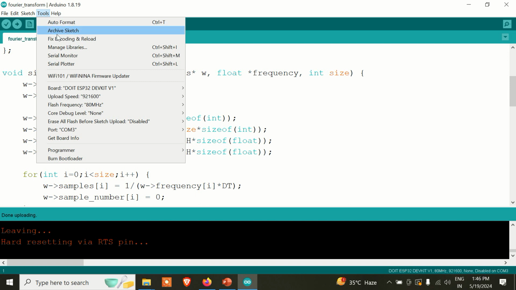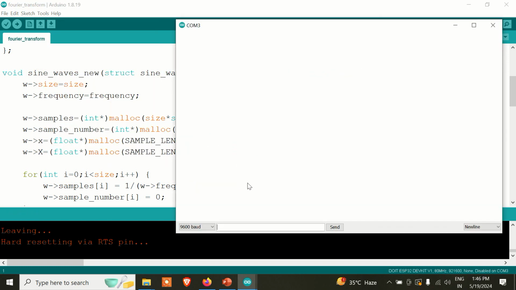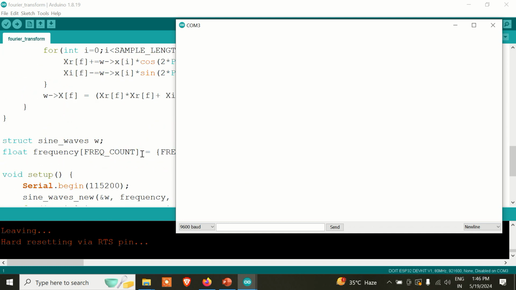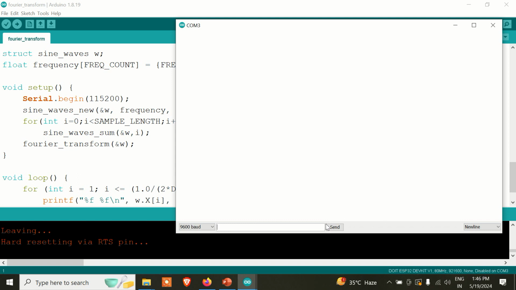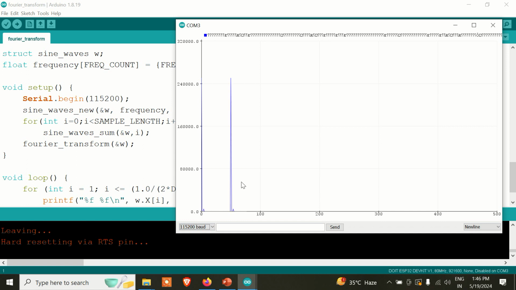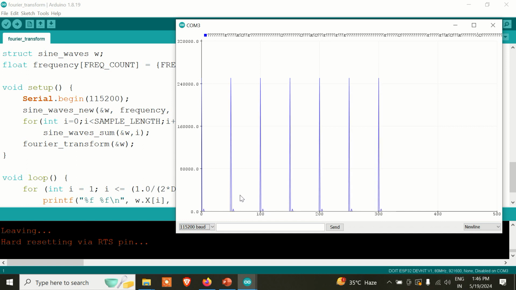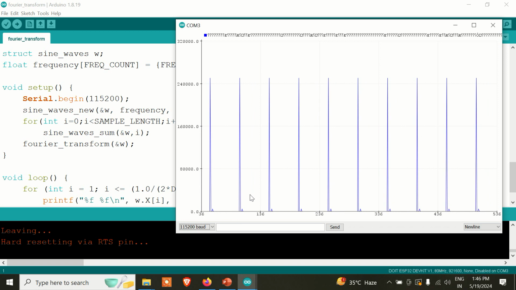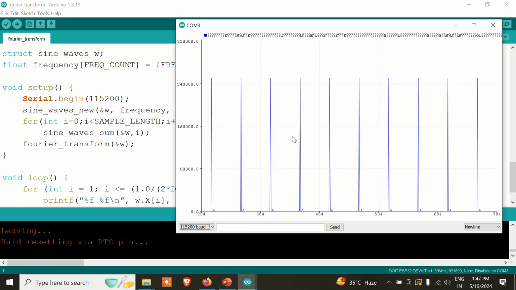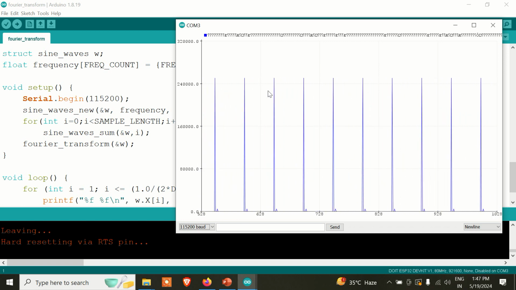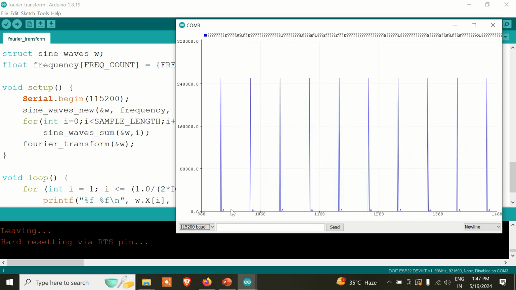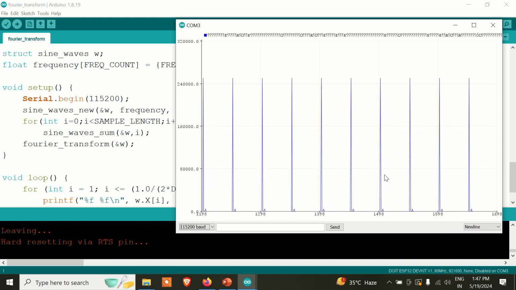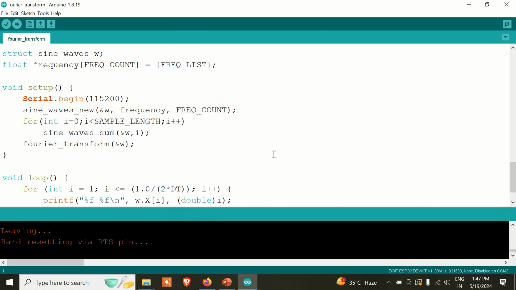Alright, so the program is loaded. Now if you plot the results, I think this time the baud rate is not 9600, it is 115200. Now if you see the spectrum of the signal, maybe one frequency is dominating in its amplitude, another frequency slightly, the others almost negligible.